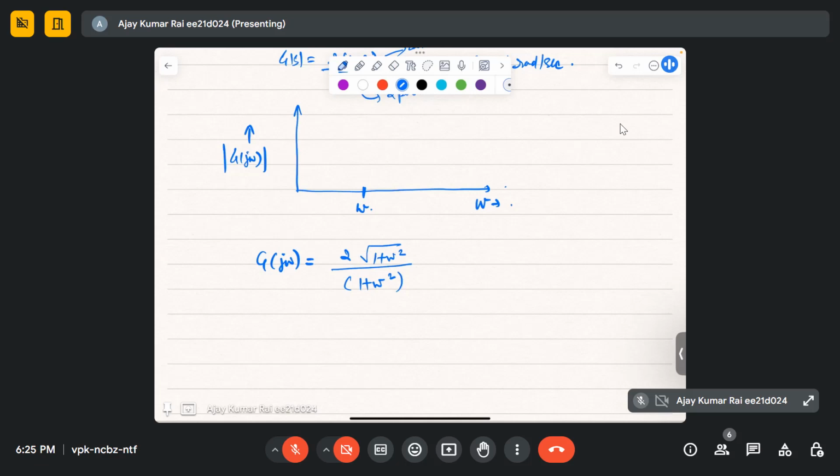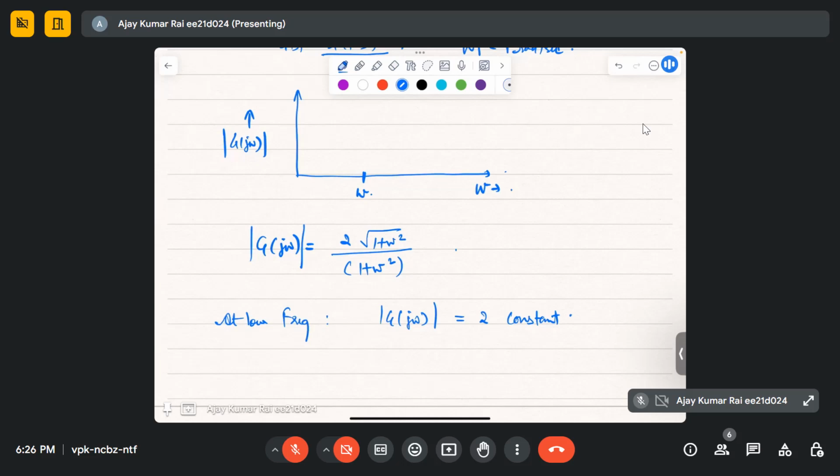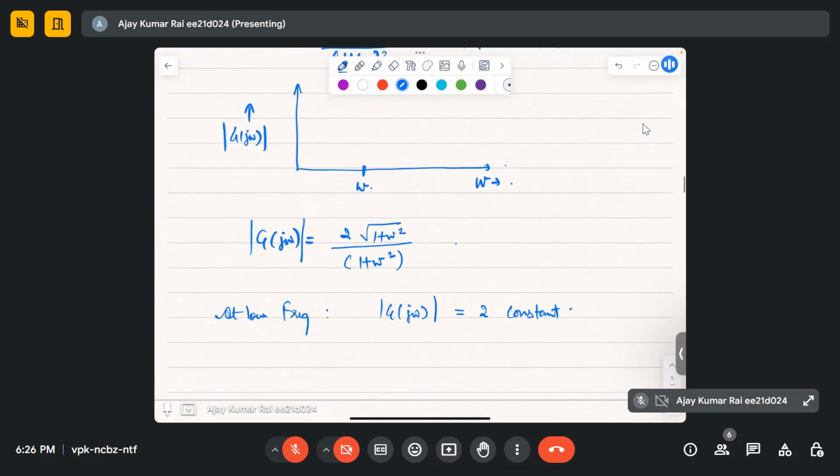So this is the magnitude, right? And at low frequencies, what is the magnitude? If you neglect omega square as compared to 1, in the numerator you'll get 2 and in the denominator you'll get 1. So it's some constant value, and in dB it will be some negative value, but we are not concerned about that.